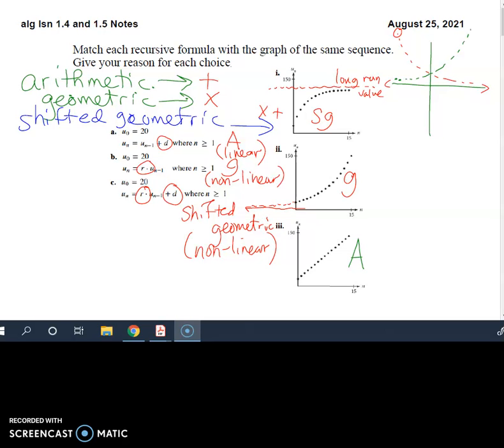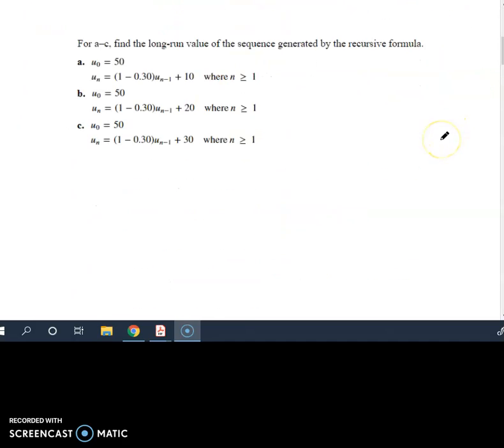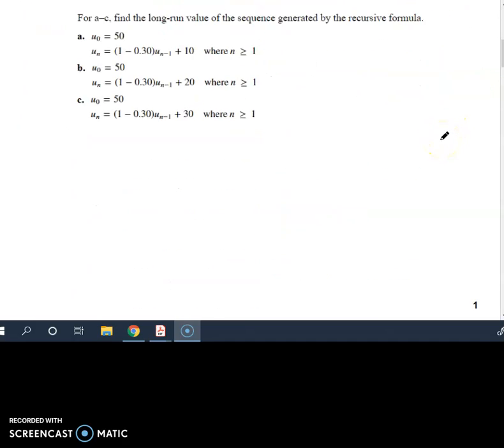In the next set of problems, we're looking at long run value problems. So kind of a reminder about long run value problems. Whenever I have a shifted geometric, we do long run value problems on shifted geometric sequences.